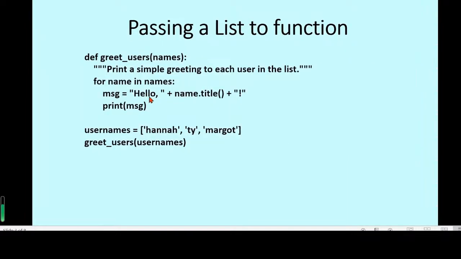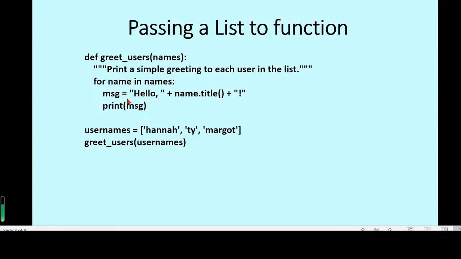The following example sends a list of names to a function called greetUsers, which greets each person in the list individually. So we define a function called greetUsers with a parameter called names, and names is a list. Inside the function there's a for loop, for name in names. So we get each element of this names list and set it to the variable name.